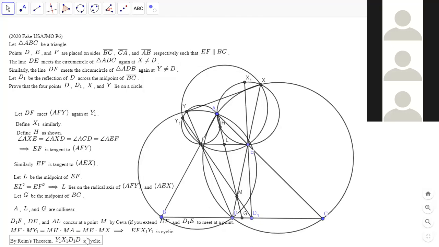Maybe it's just an angle chase, because we want to show angle Y1YX is 180 minus Y1. But that would still be tricky.